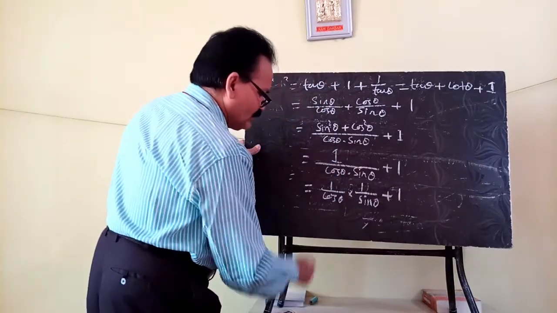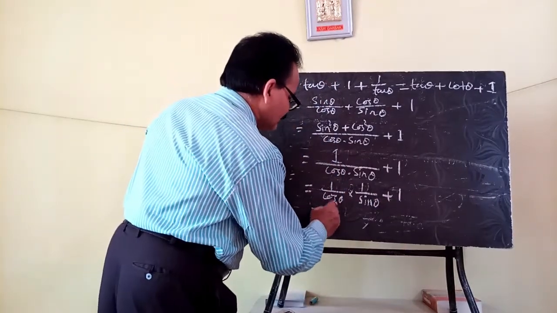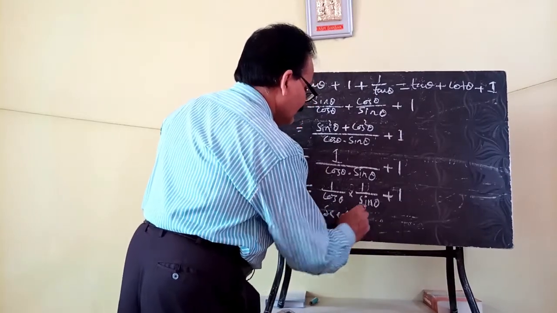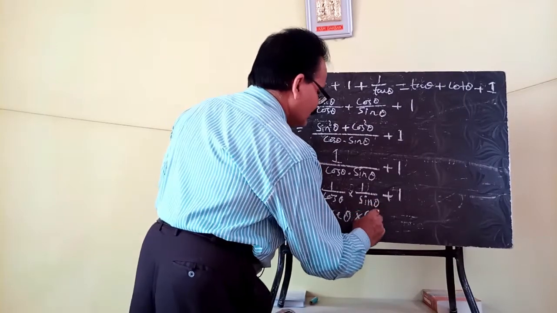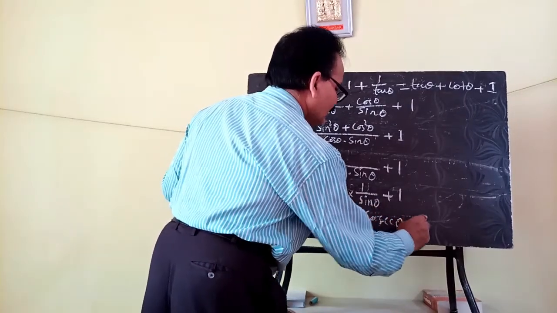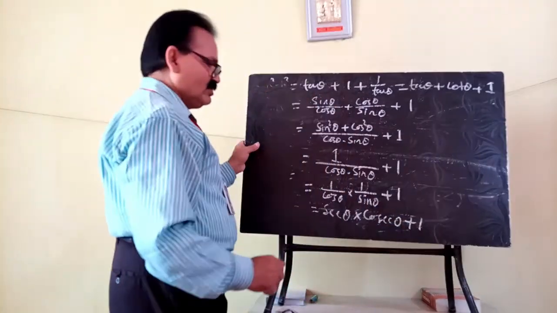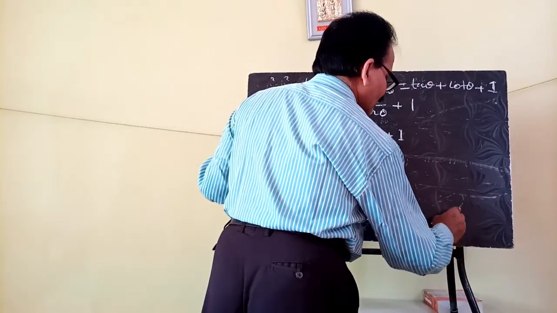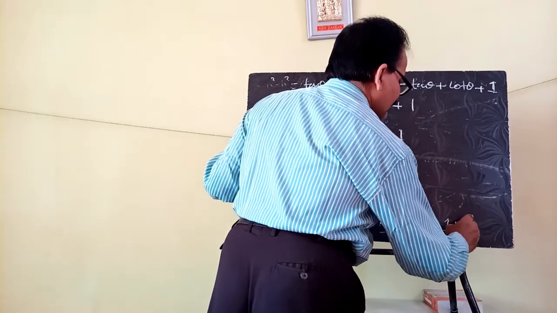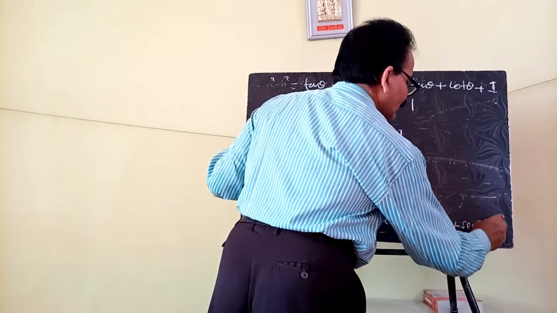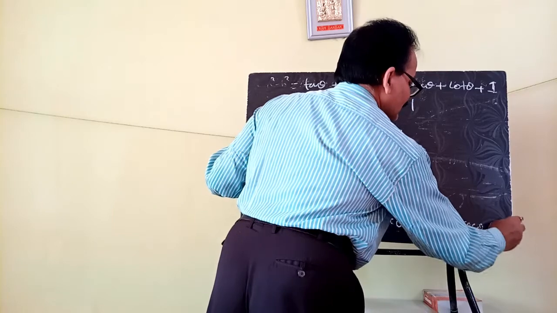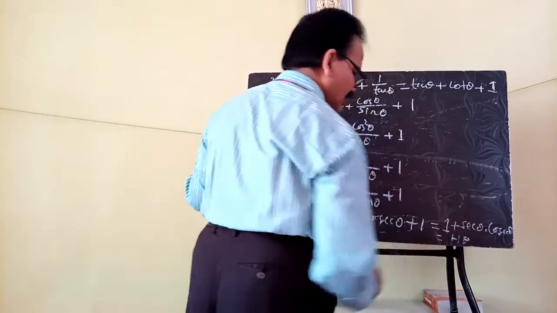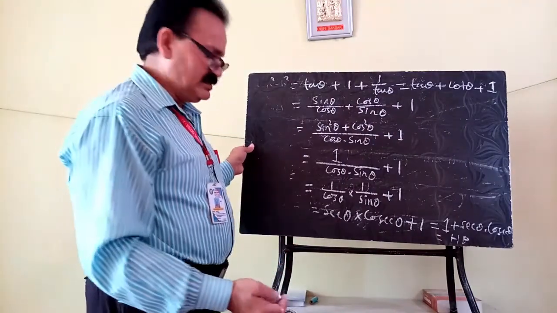So 1 by cos theta is sec theta, into 1 by sin theta is cosec theta, plus 1. So this is your RHS, because your RHS was 1 plus sec theta into cosec theta. You just rearrange, hence proved. So you have got it.